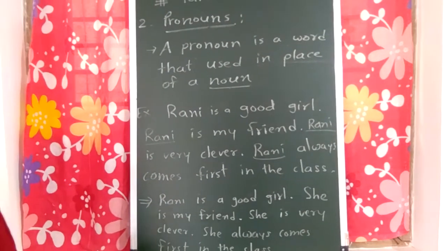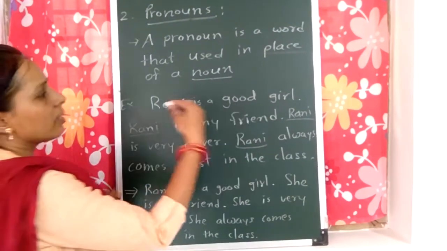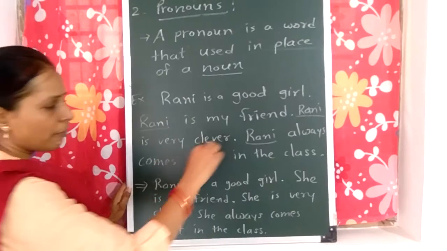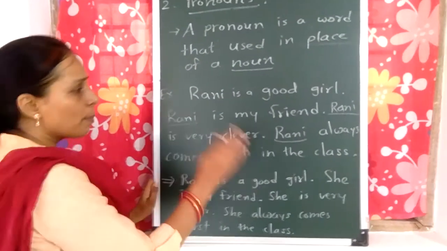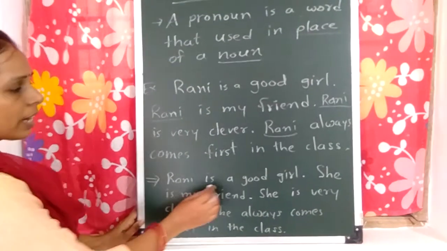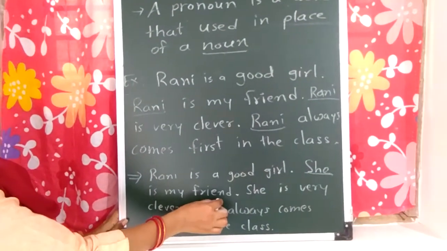Don't you feel bored by reading the same words again and again? As Rani is a good girl, Rani is my friend, Rani is very clever, Rani always comes first in the class. But as we say, Rani is a good girl, she is my best friend.